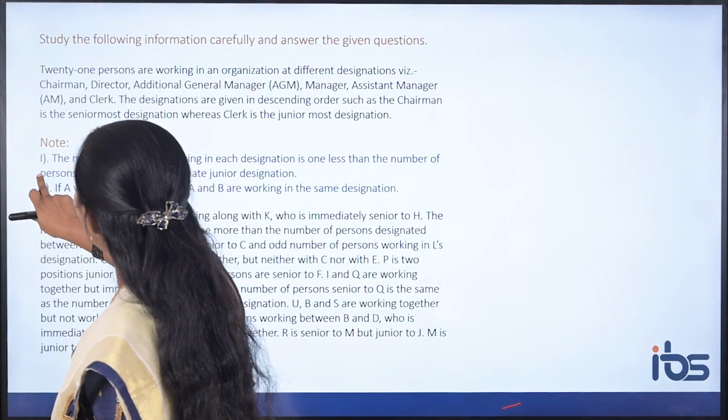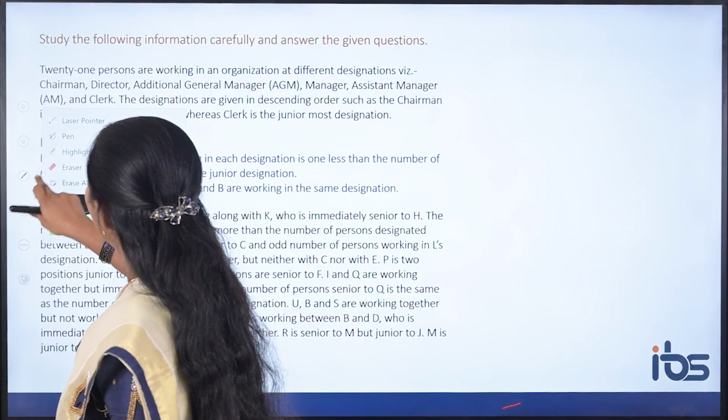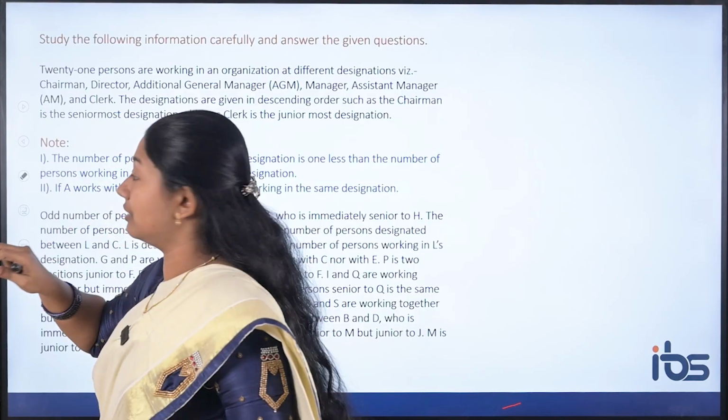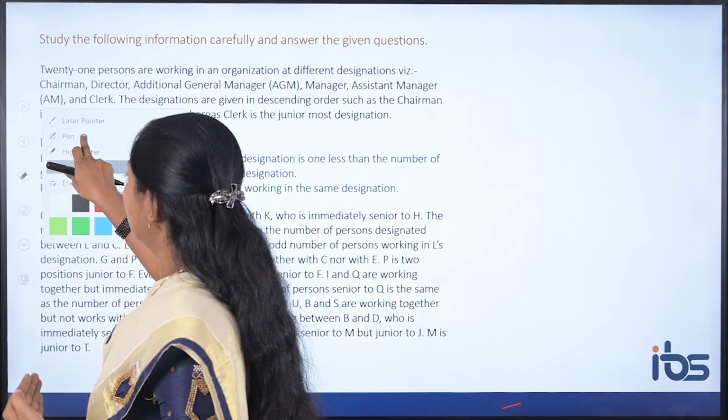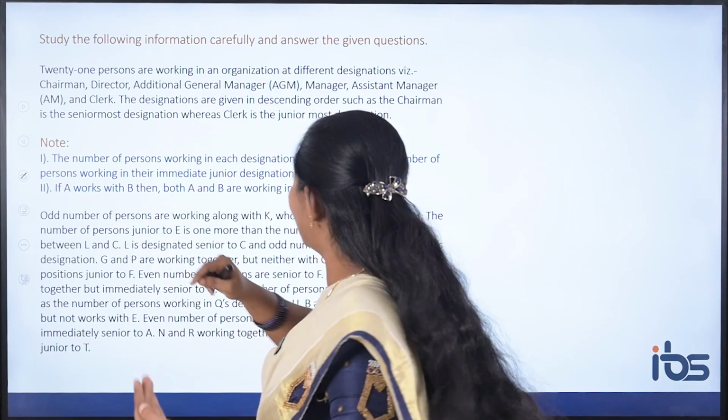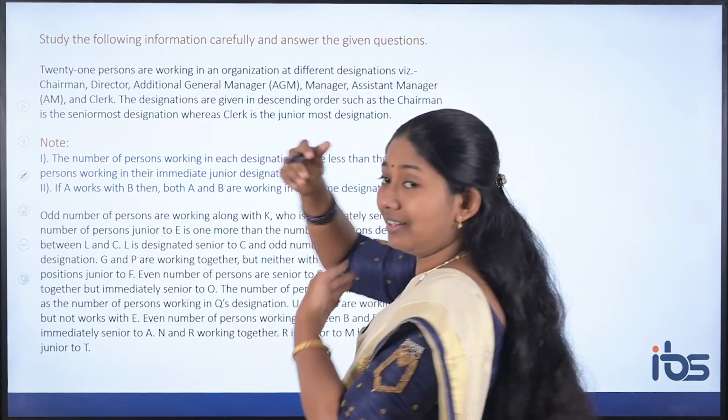Here they have given that 21 persons are working, but how many persons are there in each designation, they have not mentioned. But they have mentioned the hierarchy.